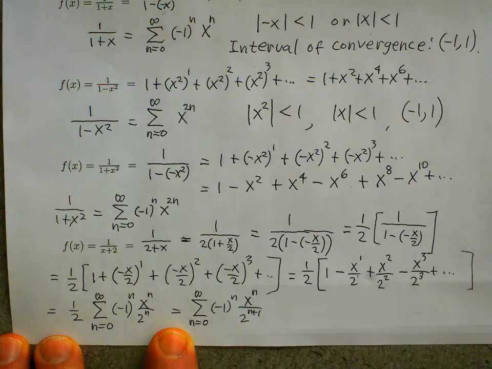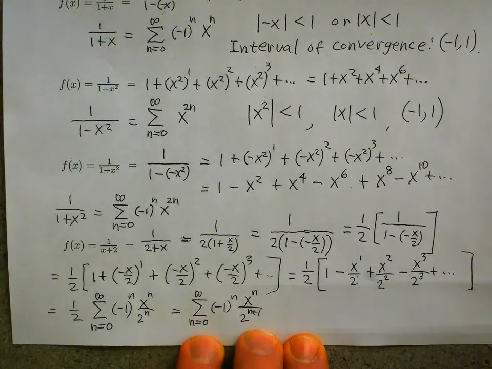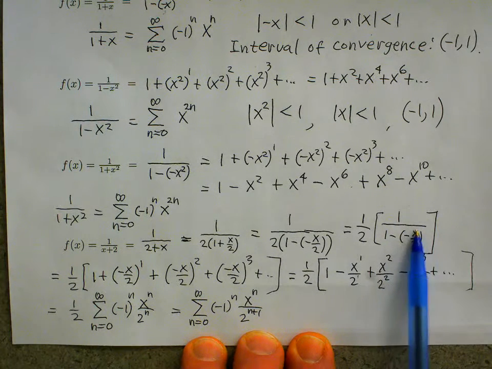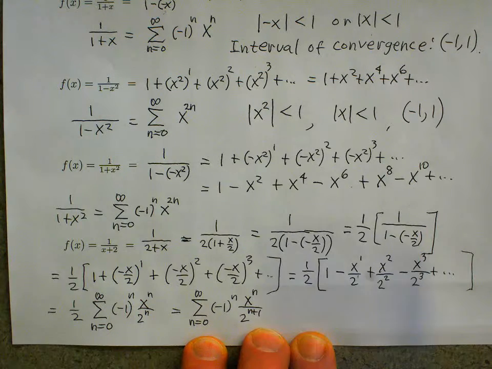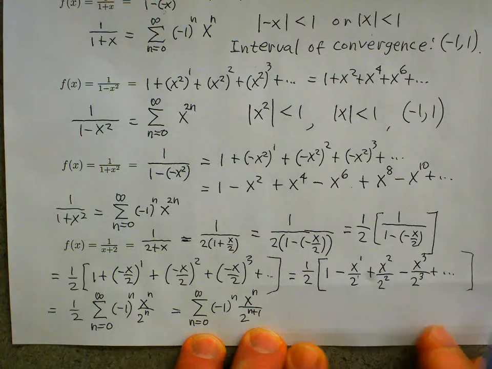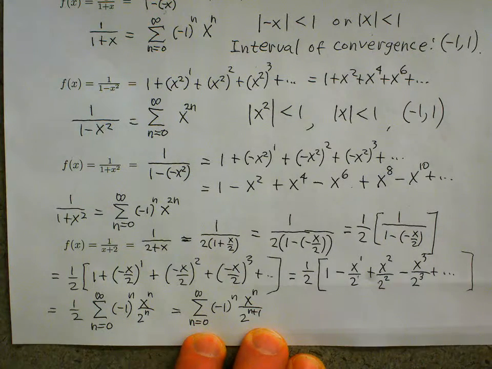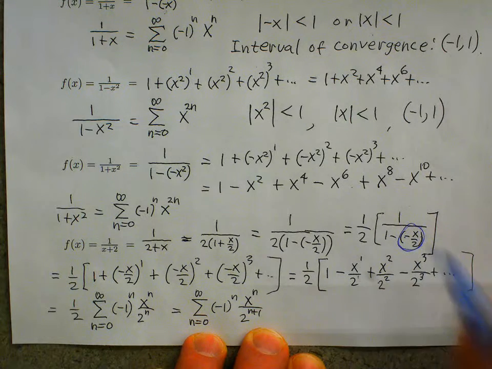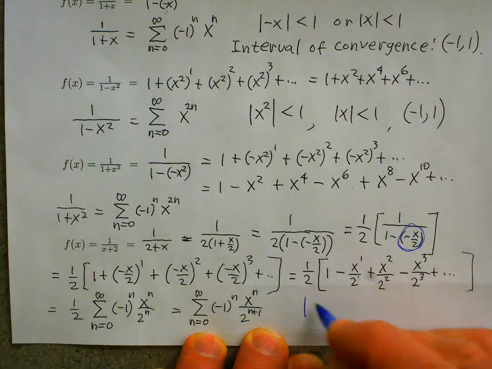Okay, so for this one, it was this -x/2 that took the place of x. Oh, you can't see it. But anyway, to find the interval of convergence, we take this quantity, -x/2, put it in absolute value.